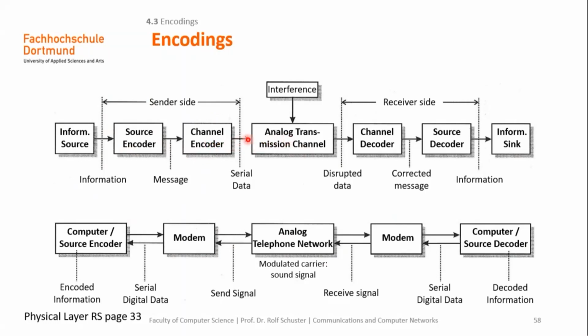During the transmission across the media, some interference could happen. Then we need to face that particular event using an appropriate encoding in order to detect correctly the information received on the receiver side of the transmission.